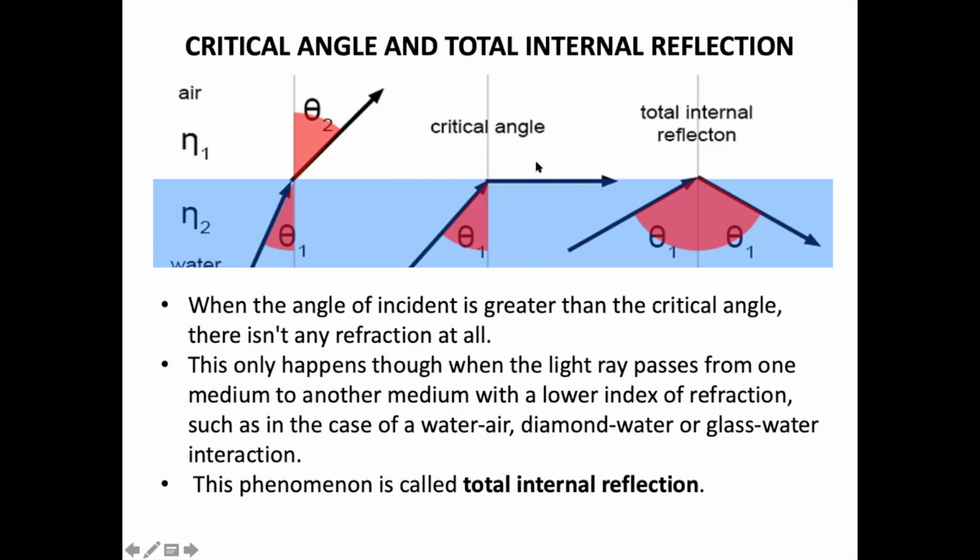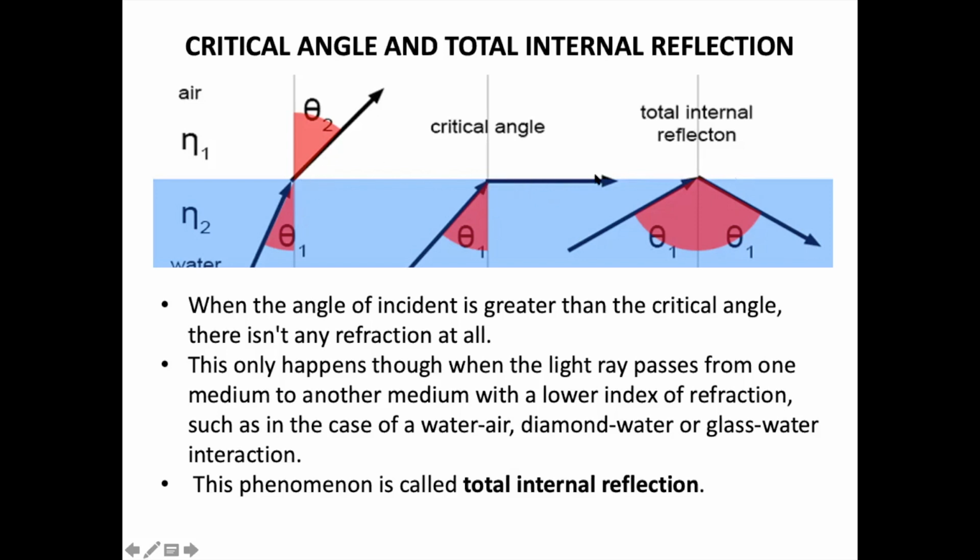Okay. So when the refracted angle is 90 degrees, the ray, instead of going into the other medium, will come back in the same medium. See, this is another medium. This is at the border, a reflected ray. Any other reflected rays come back in the same medium. That is, reflection has taken place. This was a refraction.